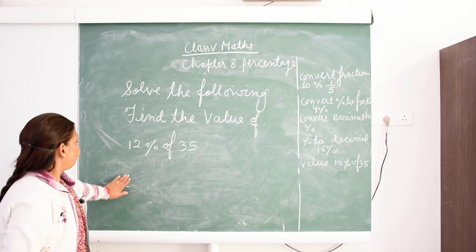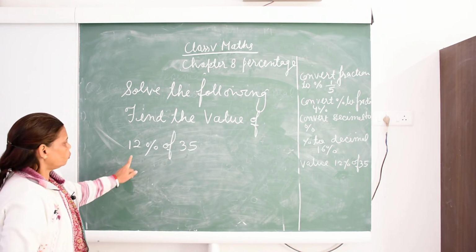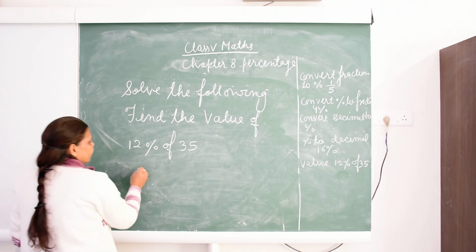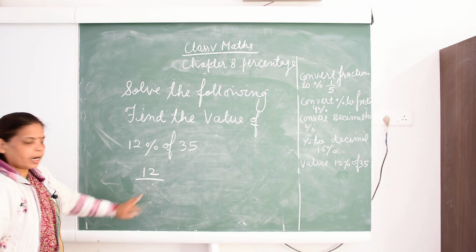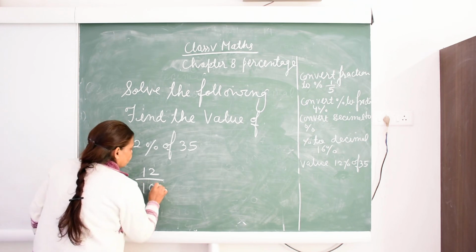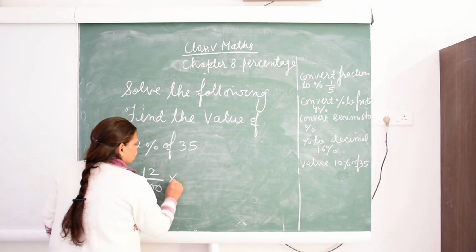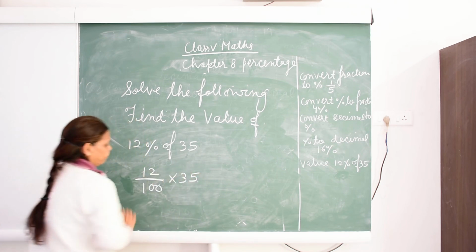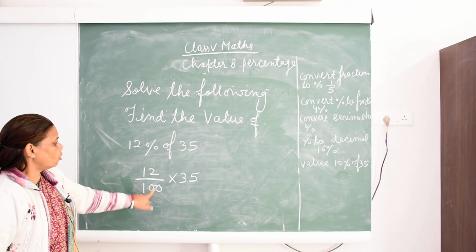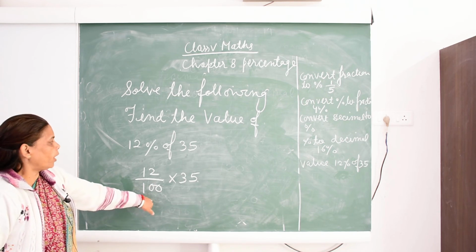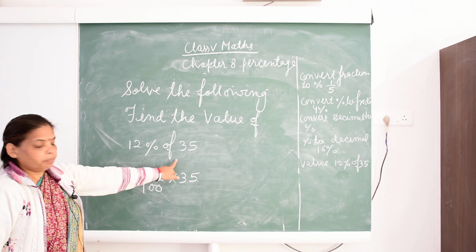So you have to find the value of 12% of 35. So percentage is given here. So percentage means out of 100. Of means multiply with 35. Here you do not have to multiply with 100 because this one is already given here.